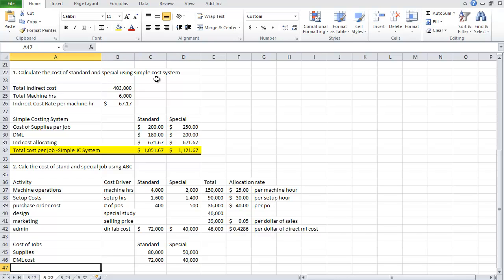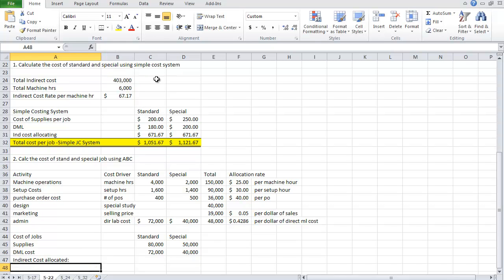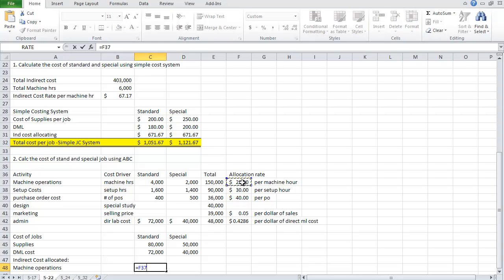So when we get down to indirect, which is our overhead area that is allocated, here's where the difference comes in. We're going to have machine operations, and for our standard, we have calculated that we will have $25 times, and I'm going to make this an absolute value because I'm going to copy the formula.